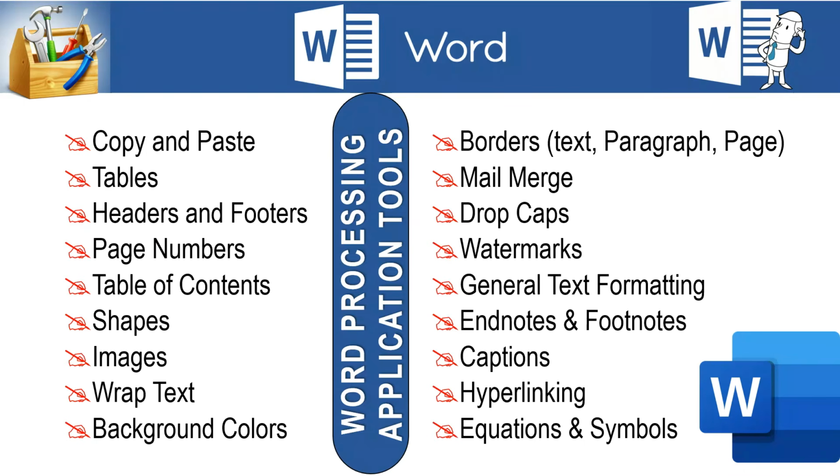You have to create tables, evidence of data tabulation, headers and footers, page numbers, table of contents, shapes, images, and wrapping text, especially if you have inserted an image or a shape, you have to wrap it around text. Then background colors, borders, which can be text borders, paragraph borders, or page borders, mail merge, drop caps, up to 5 lines, watermarks, maybe a watermark on a particular page or on the entire document.